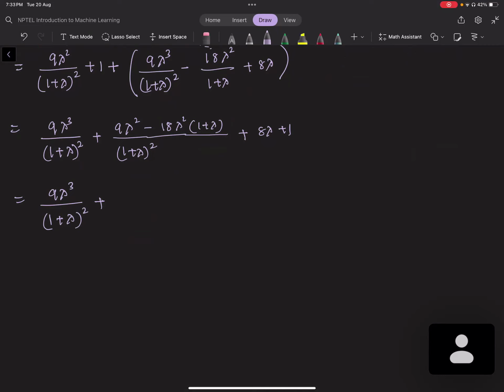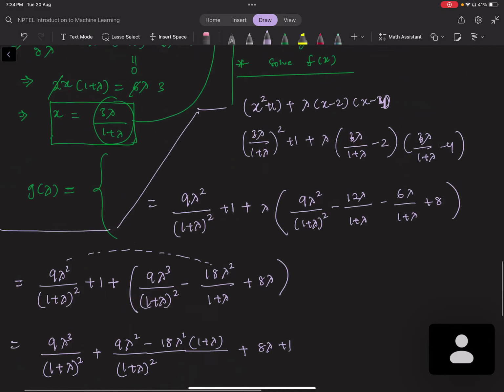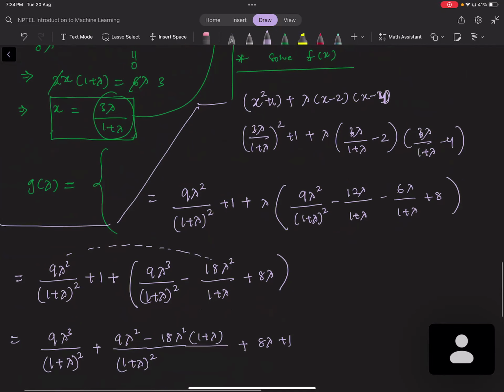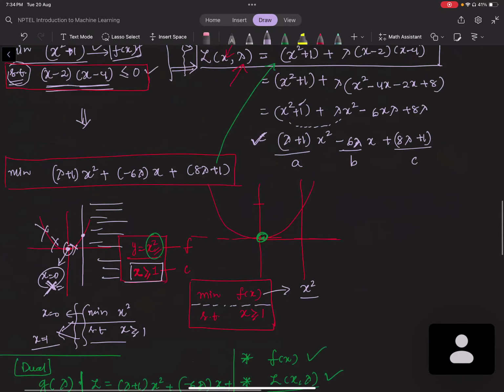So let us expand it, 9 lambda square minus 18 lambda square minus 18 lambda cube, 1 plus lambda square. Okay, so here, I think I missed one term.